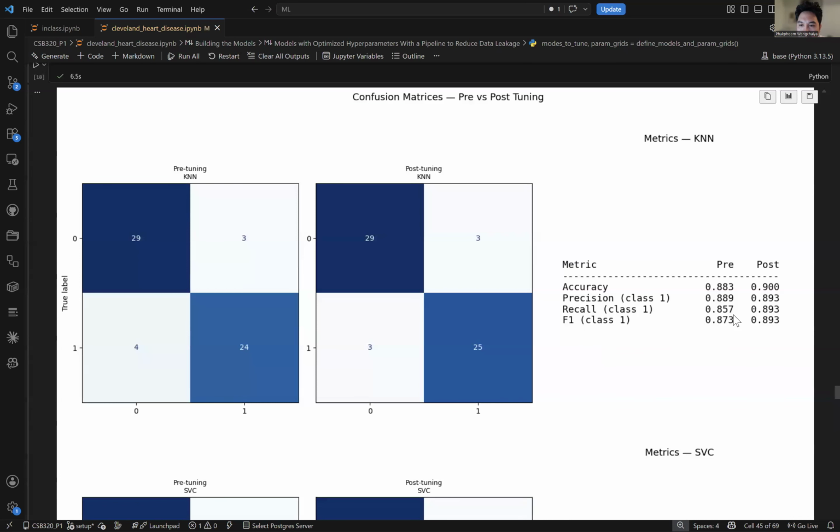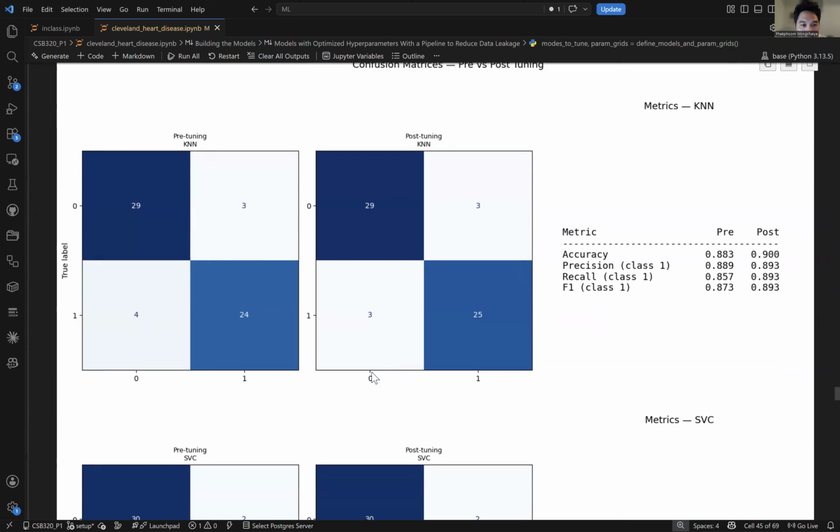So recall here is really the most important metric that I'm going off of. And so, a low percentage of false negatives is a very good thing.